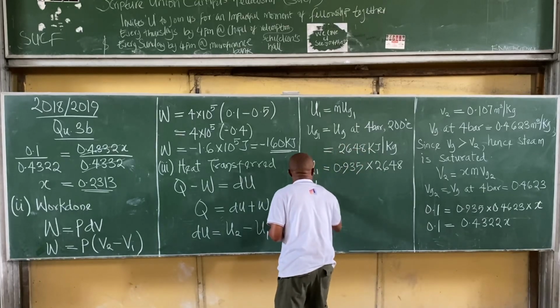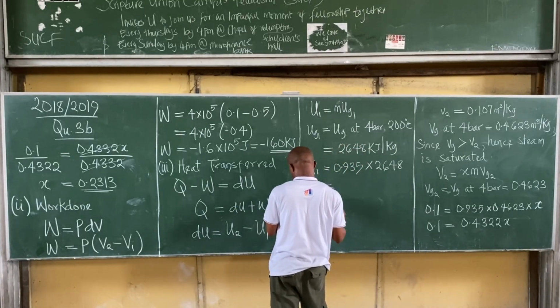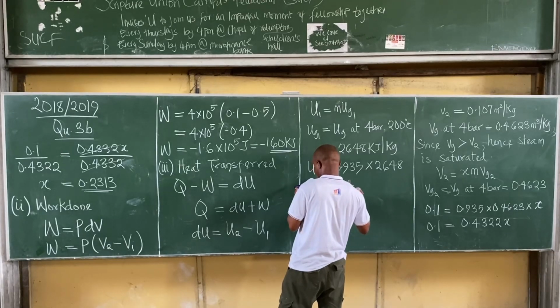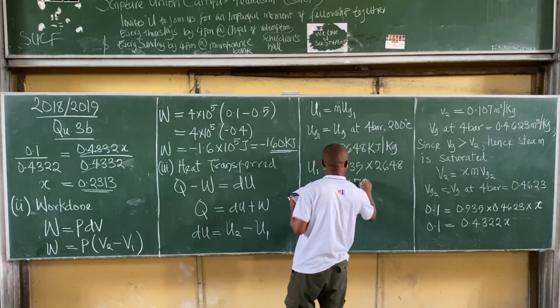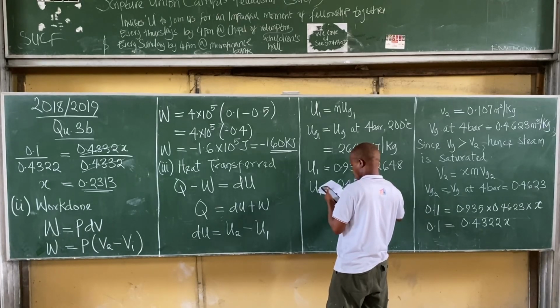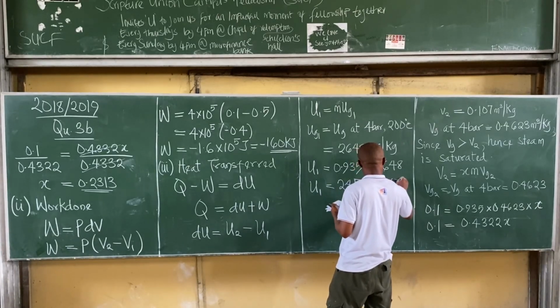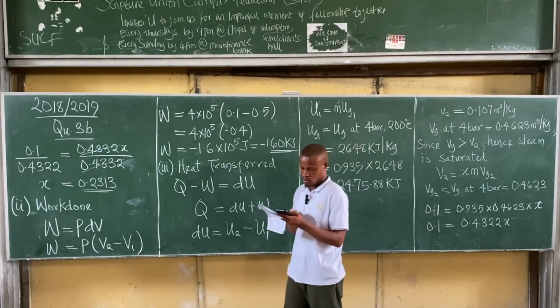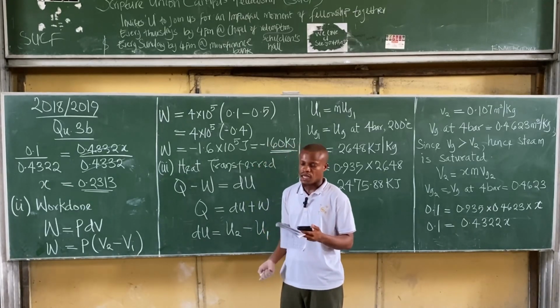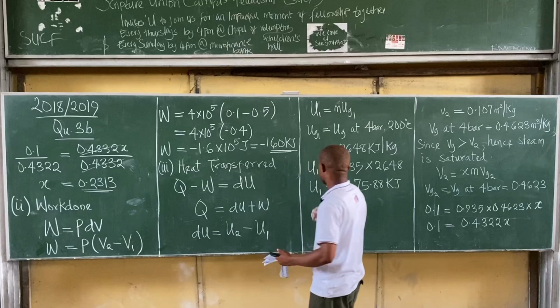Therefore our U1 equals 2475.88 kilojoules. That gives us the value for our U1.